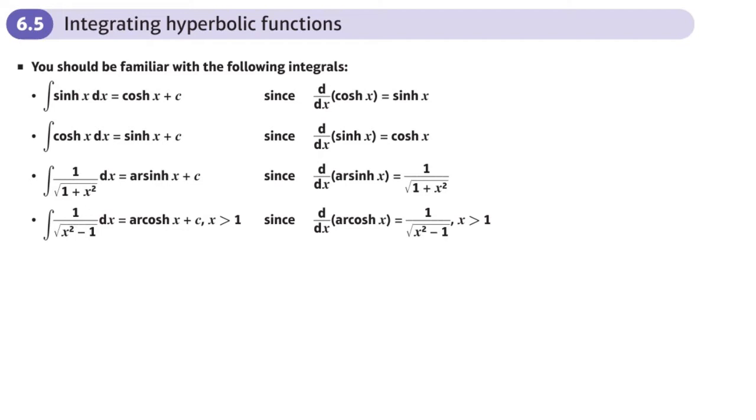So you can use the integration section in the formula book, and you can also use the differentiation part backwards to help you. I think it's integrate sec or sec squared, something like that, but they're all there, you don't need to memorize them.